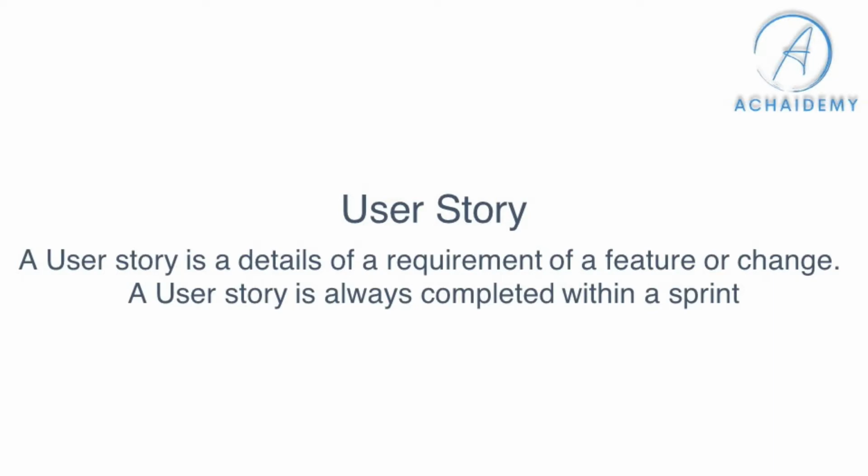So any requirement that is broken down up to a feature, up to estimation where it doesn't take more than a sprint, is termed to be a story. And a story will also have multiple tasks and subtasks that are used to track it. And a user story is something that, as I said, is on every sprint.